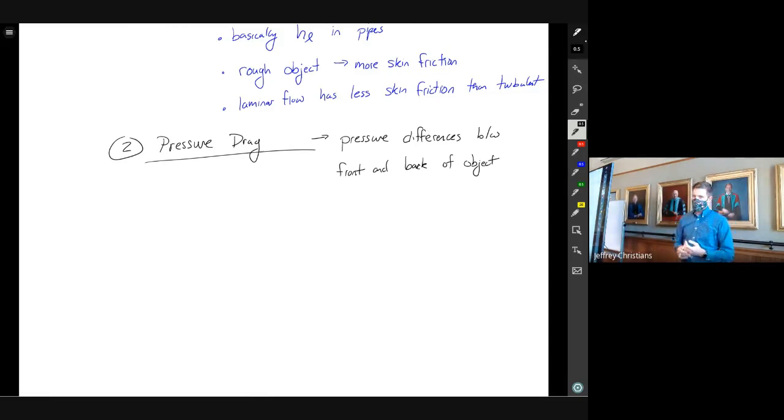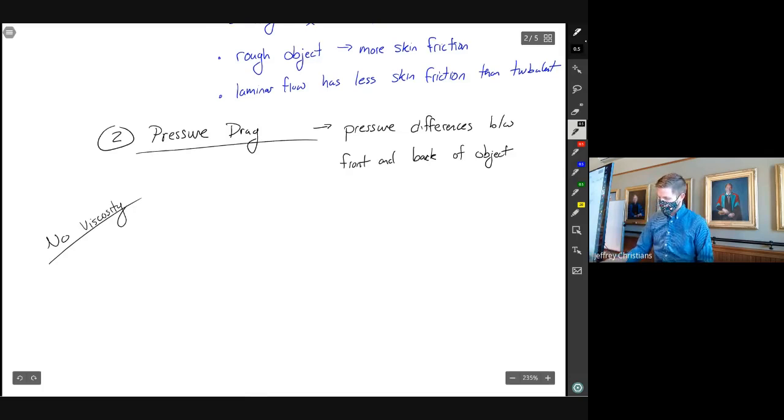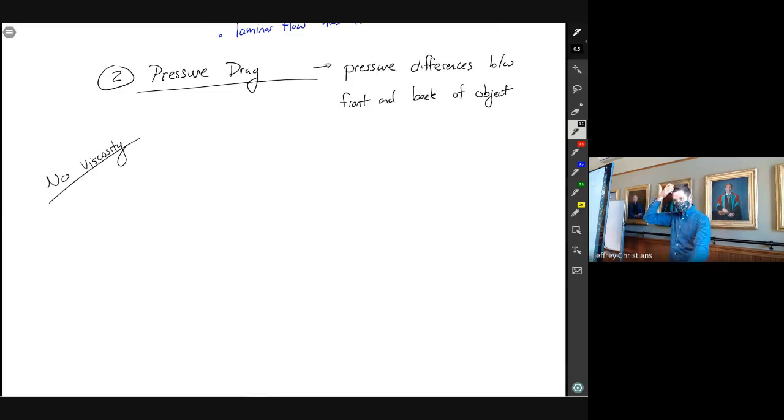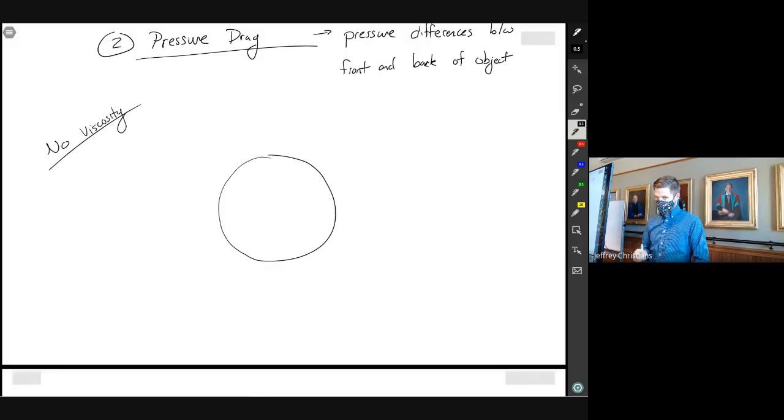So let's look a little bit at what causes that. We'll first look at the no viscosity picture. This doesn't actually happen in reality, but if we had no viscosity, what would happen, for example, if we had a ball?